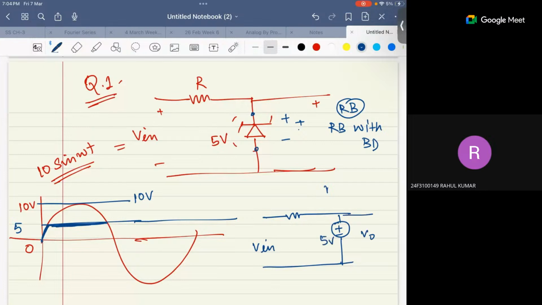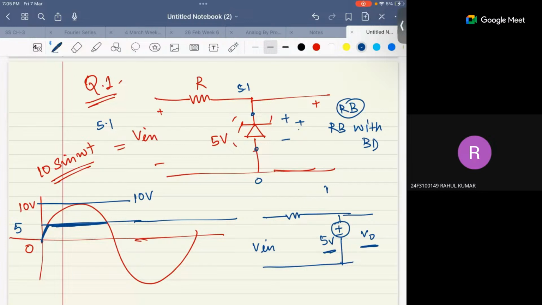For example, take 5.1 volt: here it is 0, here it is 5.1 volt, so the difference is 5.1. It is crossing breakdown, so the Zener diode is working in breakdown voltage, and you just replace it with a voltage source of 5 volt. So V output will be equal to 5 volt. Is it making sense to everyone or not?